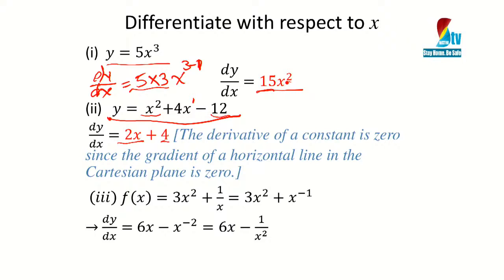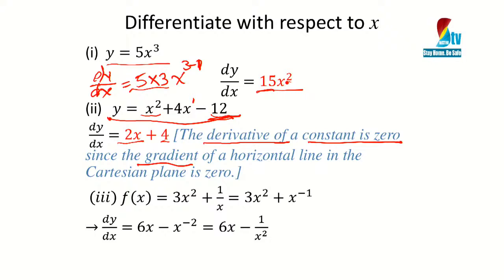And then when it comes to a constant, we do not differentiate a constant, because a derivative, we said, gives us the gradient. So the gradient of a constant is 0. We know that a constant does not change. There's no rate of change.